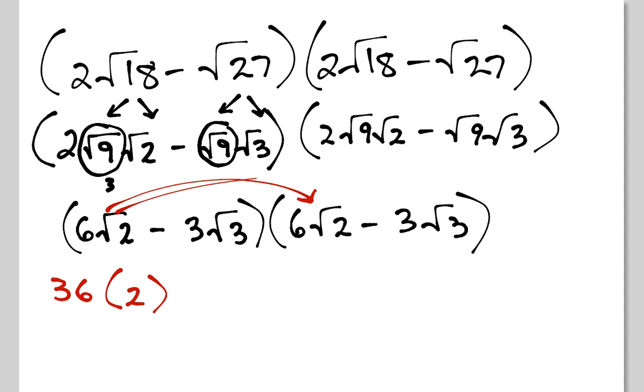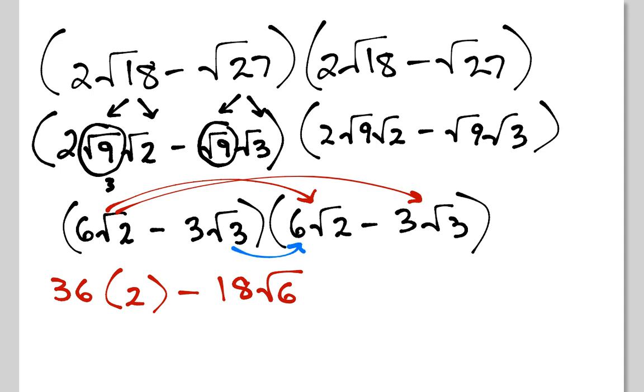And now here, oh my gosh, it's a positive times a negative, so this whole term will be negative. And then 6 times 3 gives 18. And then root 2 and root 3 make root 2 times 3, which is root 6. You're multiplying. Now go on the inside.